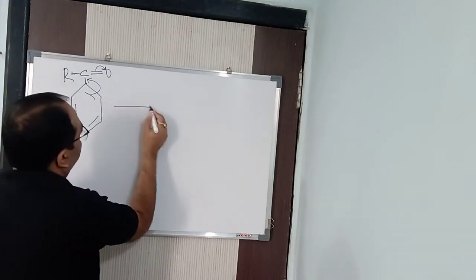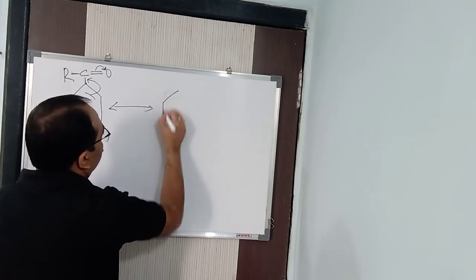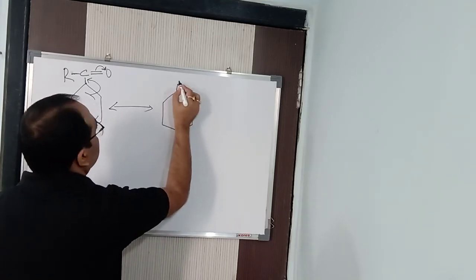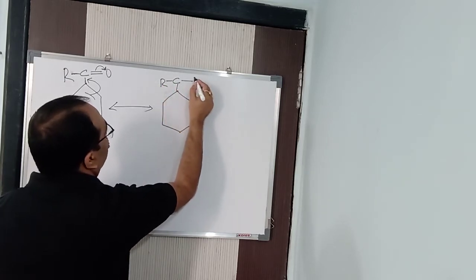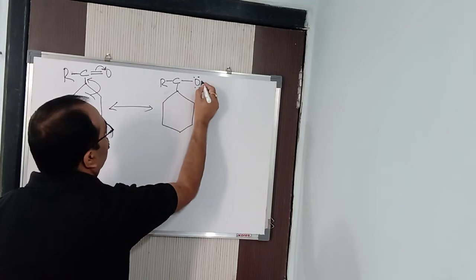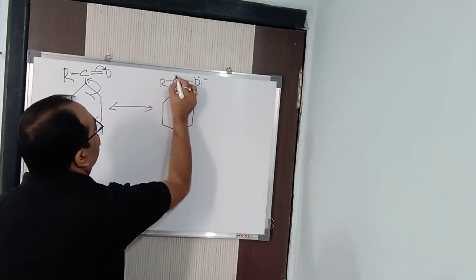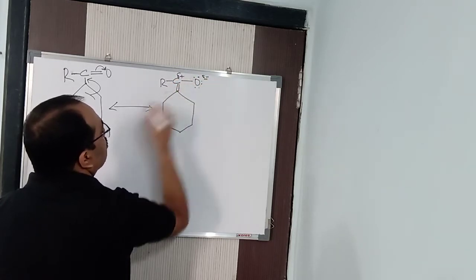You have studied resonance and all these things. Just once more I am showing it to you. Here it is C, it is R, and single bond O, and it is becoming double bond here. So this is positive and this particular one is negative.